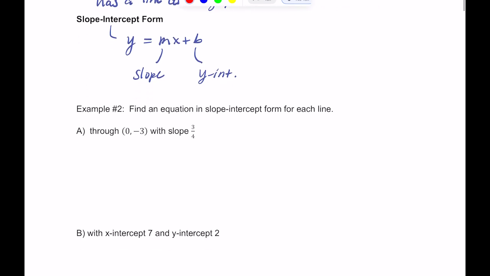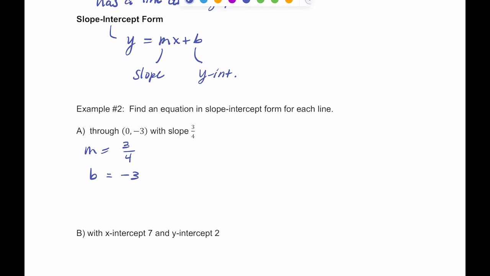So let's find the equation of a line that passes through the point (0, -3) and has a slope of 3/4. Okay, so here, automatically, I can see that if I want to write this in slope-intercept form, the 2 things I need are the slope and the y-intercept, and I actually have both. So I know my slope is 3/4, and I also know that my y-intercept is (0, -3).